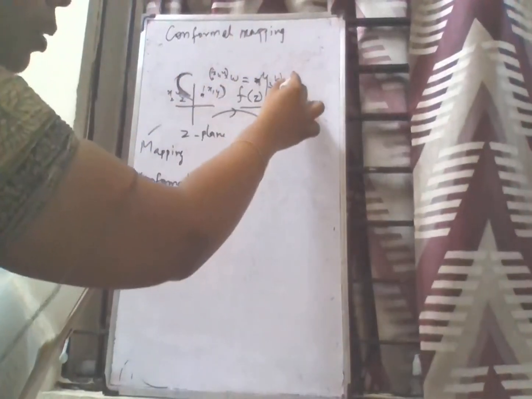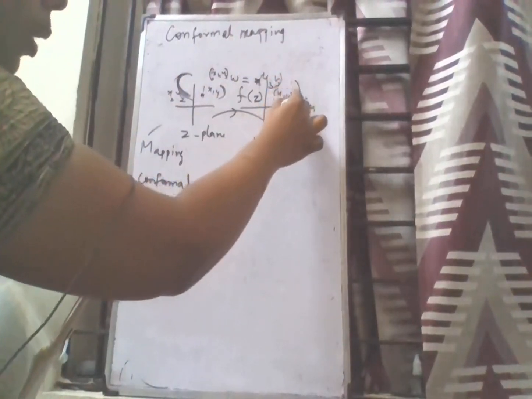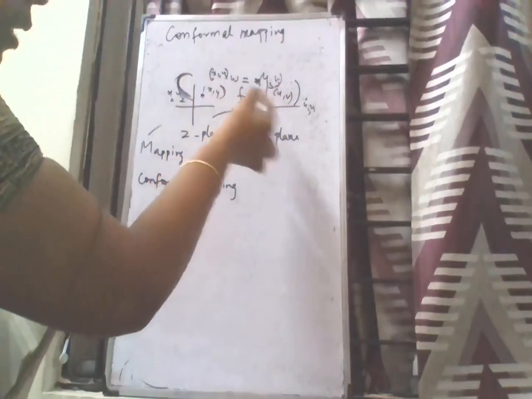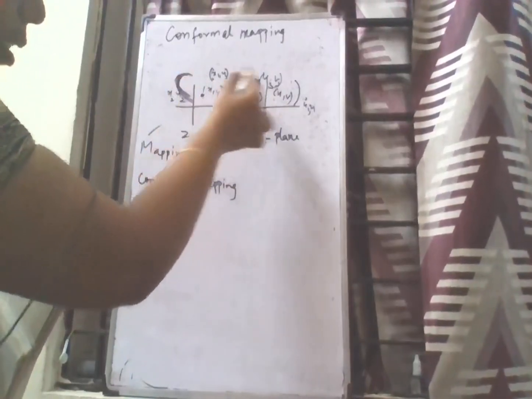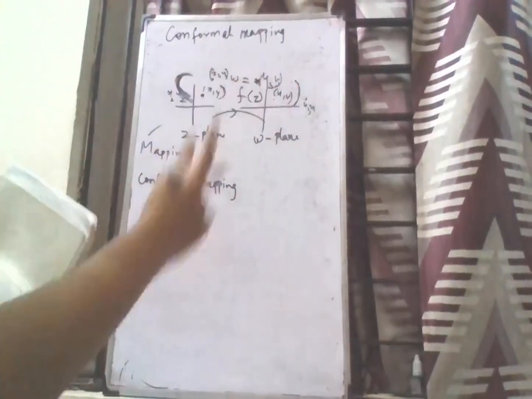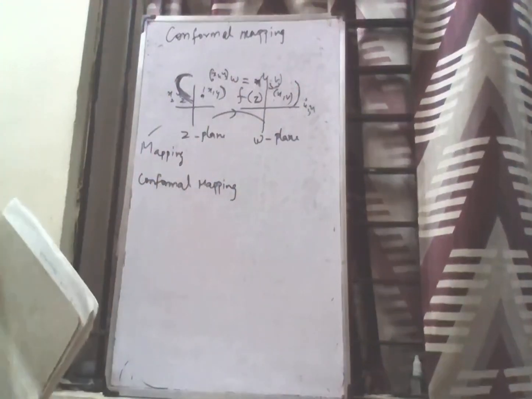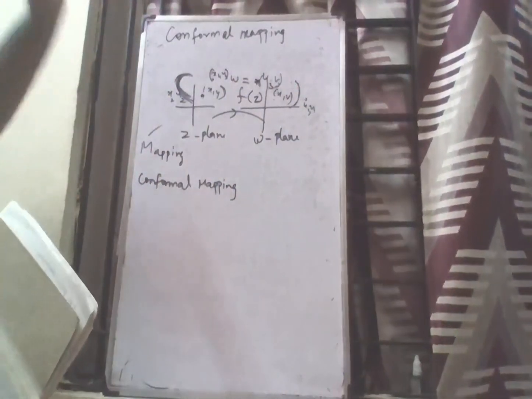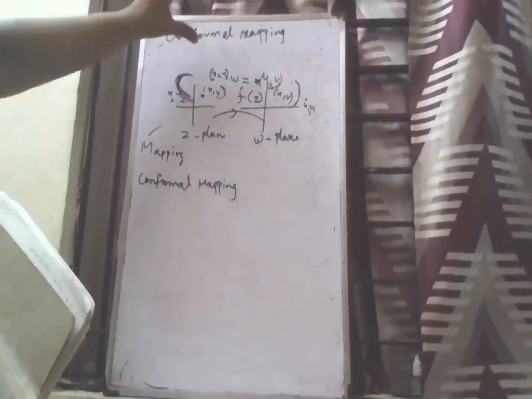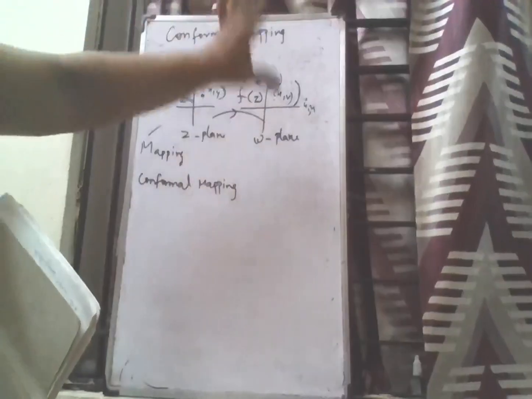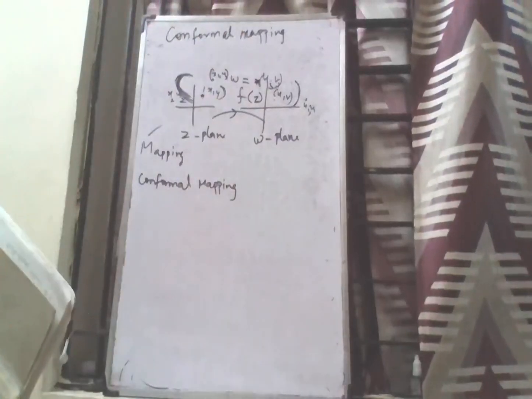Similarly, here also the curve moves from one point to another according to how we have defined. So for each and every point in the z plane, a corresponding point or curve exists in the w plane. This is said to be mapping.